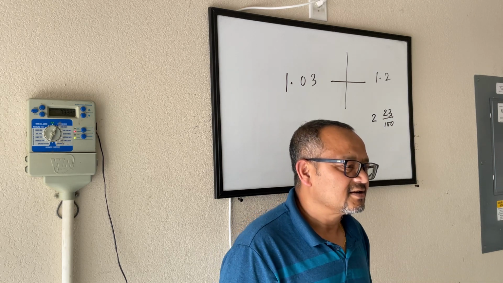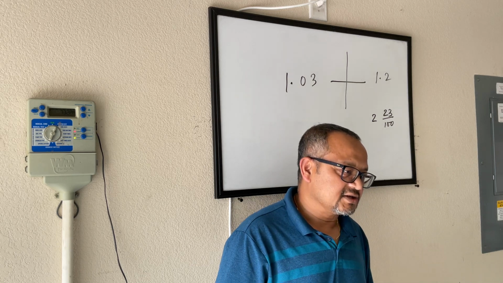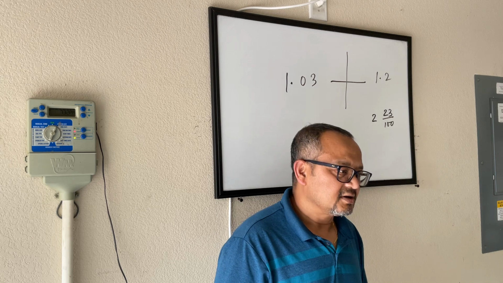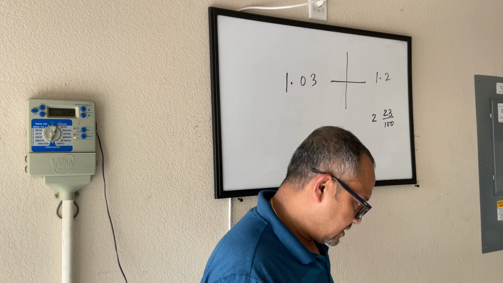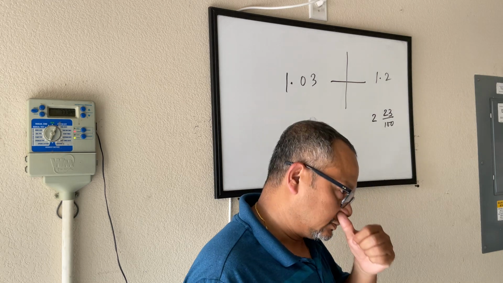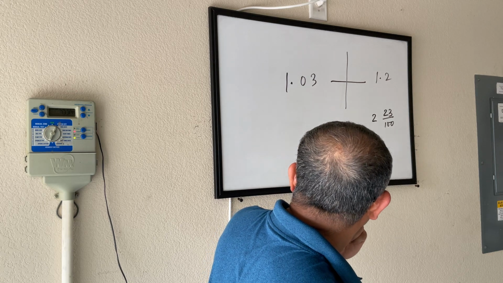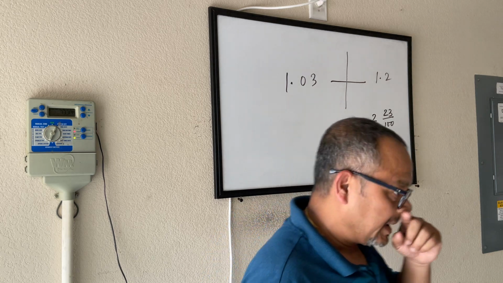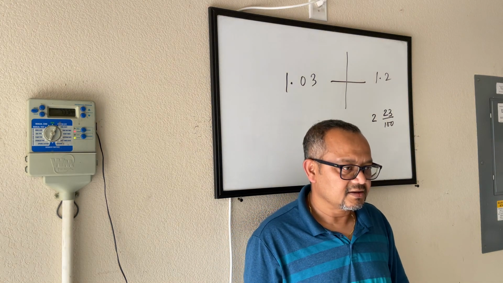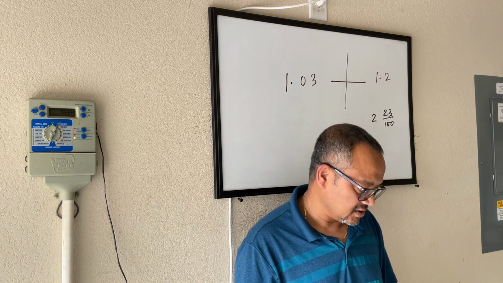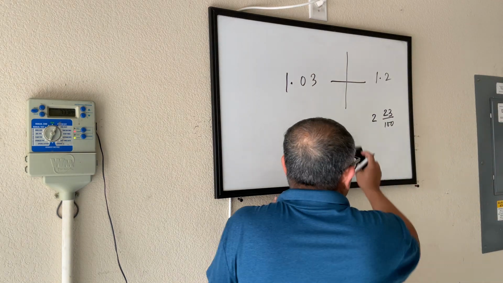My answer is 2.23. Okay. What is the answer, Sohita? My answer is 2.23. Yardi? 2.05. Okay. Aditi, what is the answer? 2.23. Okay. Alright.